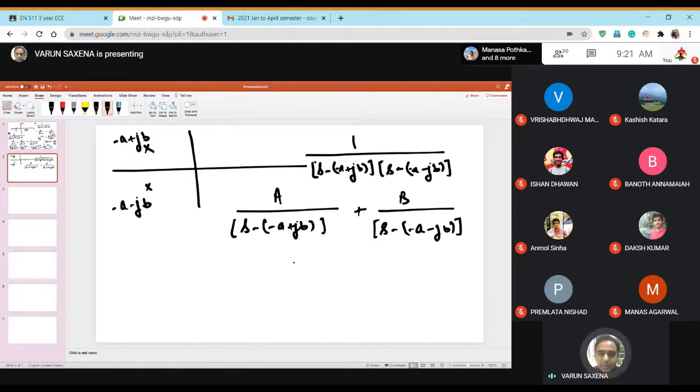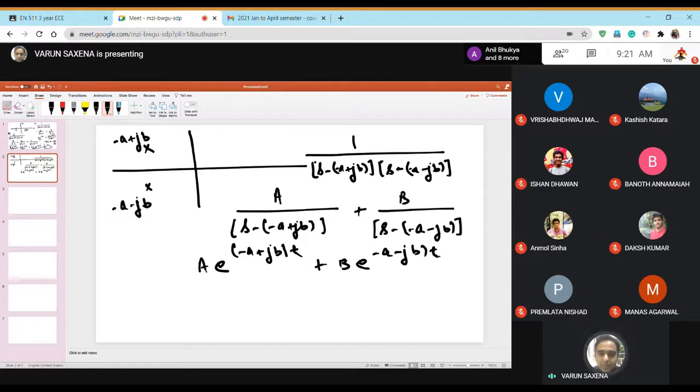So this is going to essentially give you a e to the power minus a plus jb t plus b e to the power minus a minus jb t.